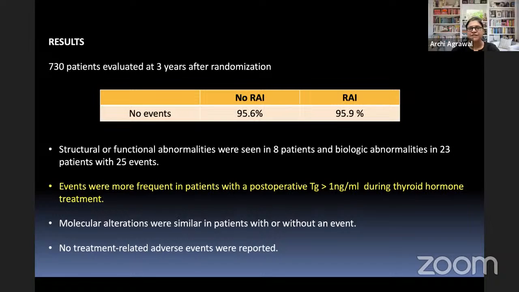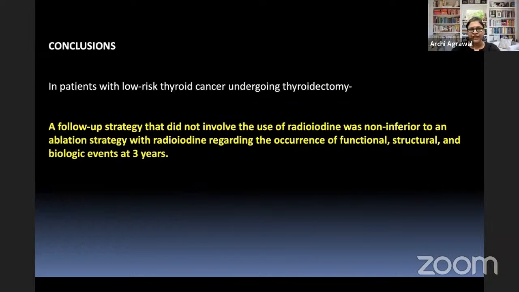So these patients can well be followed up based on the post-operative TG evaluation, and there was no need of radioactive iodine in this low-risk category of patients. So they concluded that a follow-up strategy that did not involve the use of radioactive iodine was non-inferior to an ablation strategy with radioactive iodine regarding the occurrence of functional, structural, and biological events at 3 years.